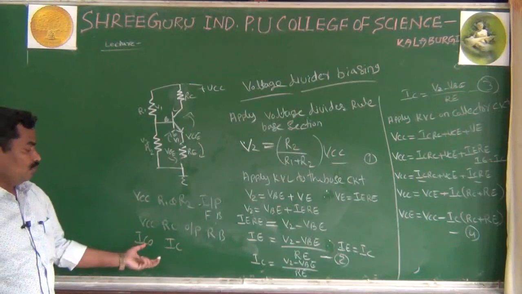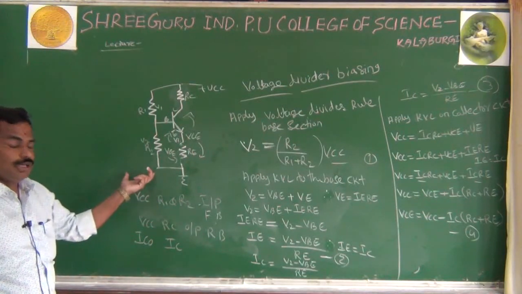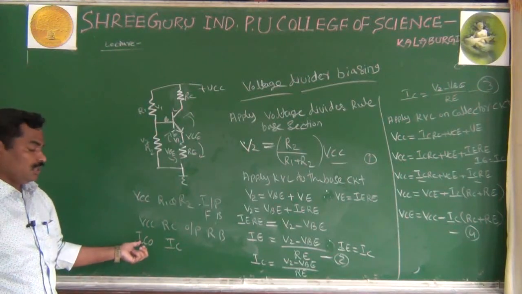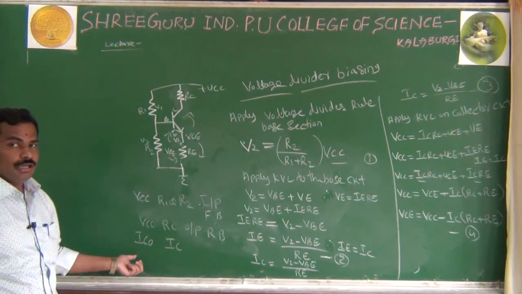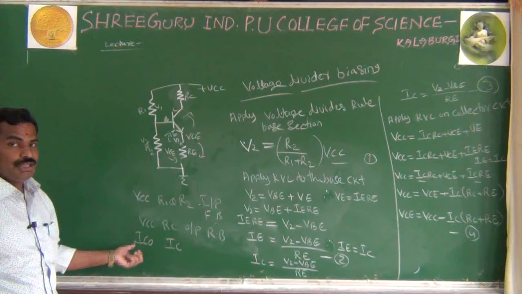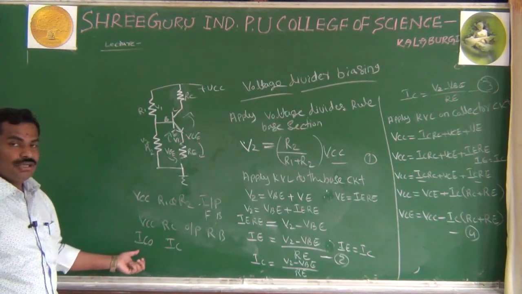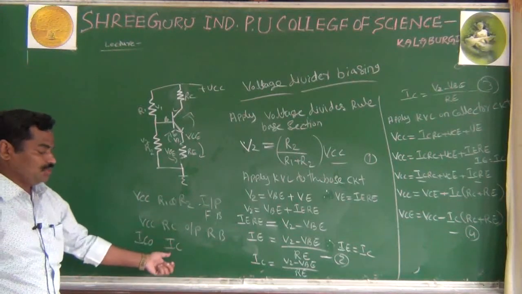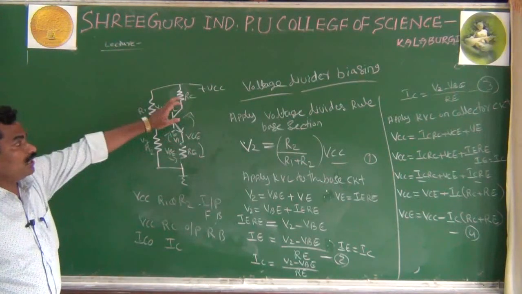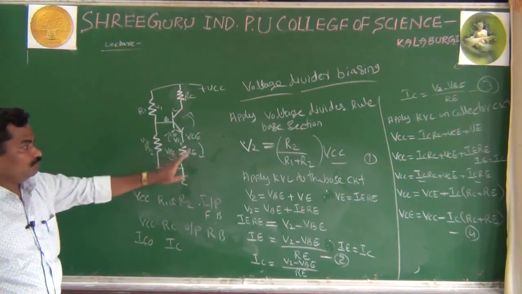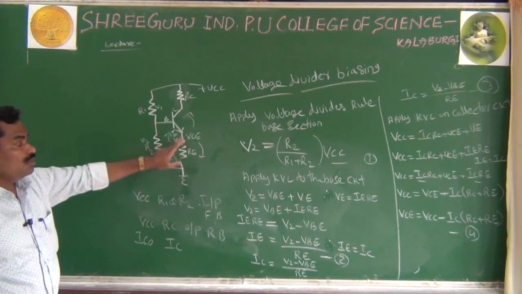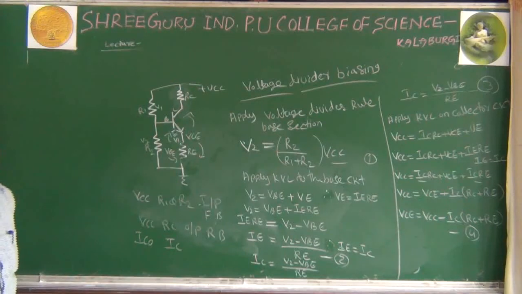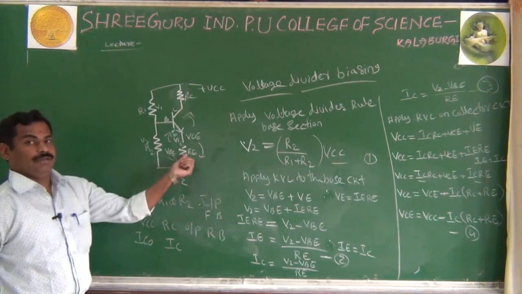It means whenever the temperature increases, the ICO leakage current, also called the minority current, increases because it depends on temperature. That will increase the collector current. Once the collector current increases, that will increase the emitter current. Once the emitter current increases, that will increase the voltage across the RE.